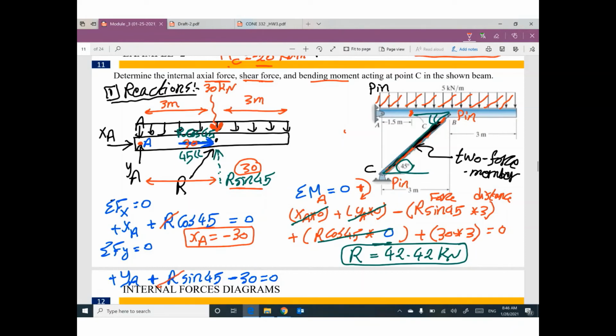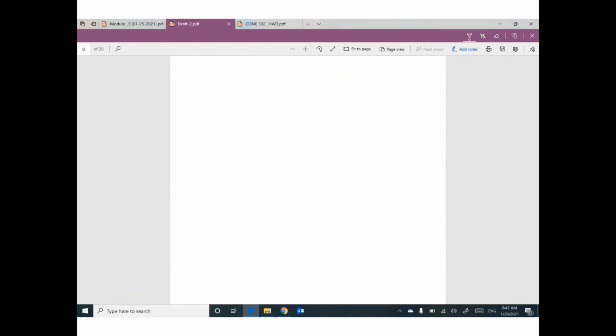And if you put R 42.42, YA will be 0. So YA equals 0, XA equals negative 30. What is the meaning?